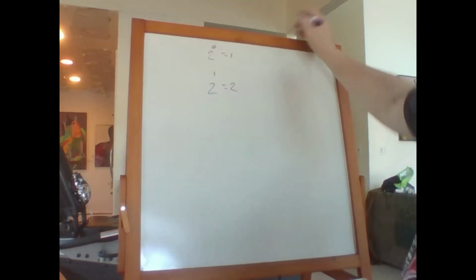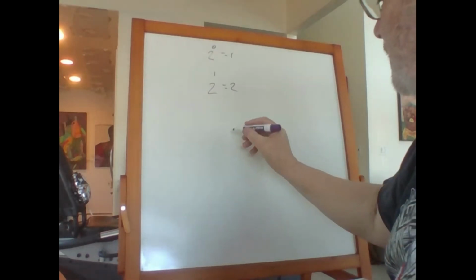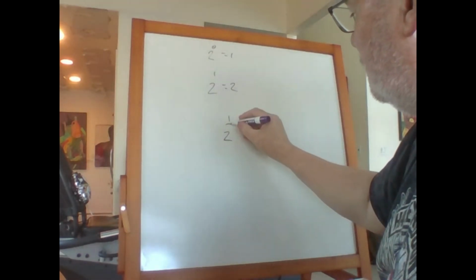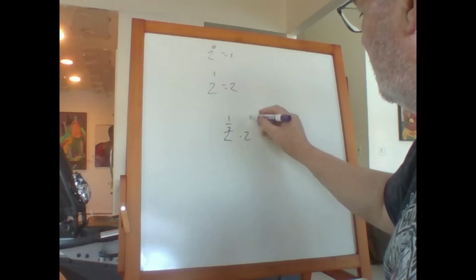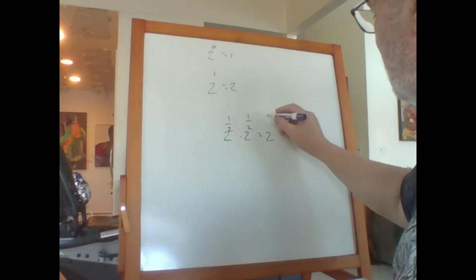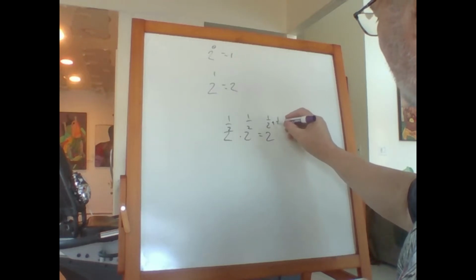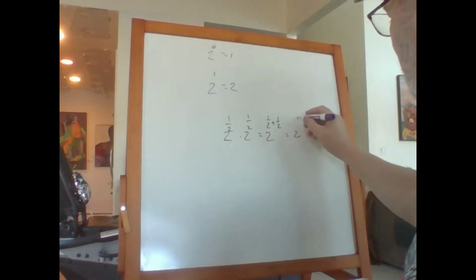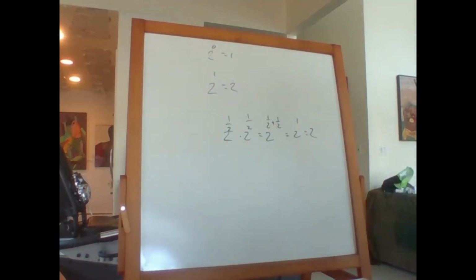How best can we do that? Well, if we start with 2 to the 1/2 times 2 to the 1/2, that equals 2 to the 1/2 plus 1/2, which equals 2 to the 1, which equals 2.